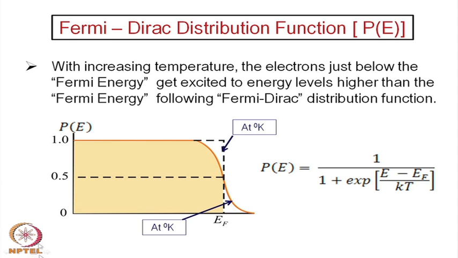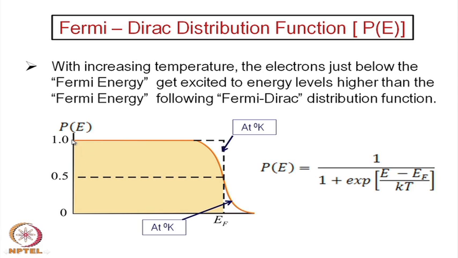The energy diagram has been plotted here in a different way. This is the energy, which was on the vertical axis, here on the horizontal axis, and here it is the probability. It is the probability function of occupancy of a particular energy state. That means, for this energy state, what is the occupancy factor, whether it is 0% occupancy, 5% occupancy or 100% occupancy.